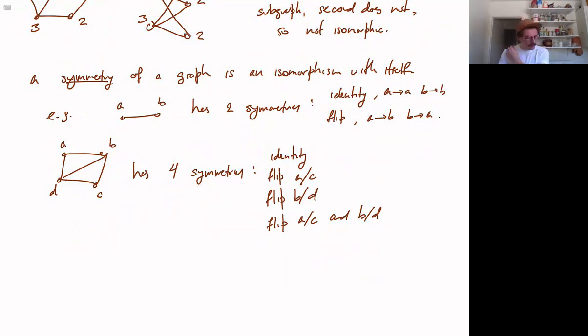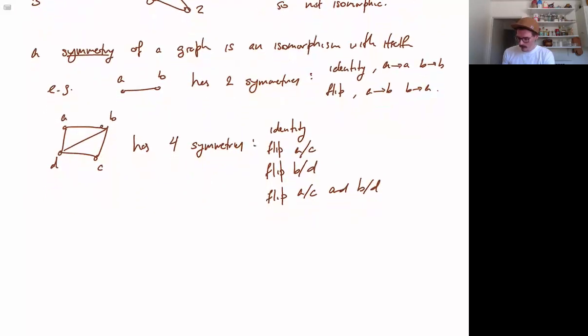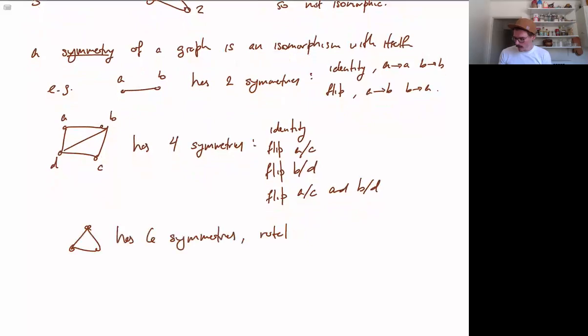So here is a little problem that I want to leave you with. This triangle has 6 symmetries, which are rotations.